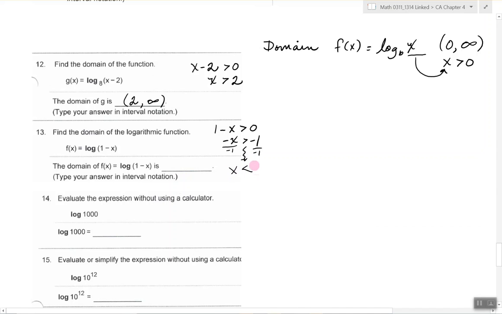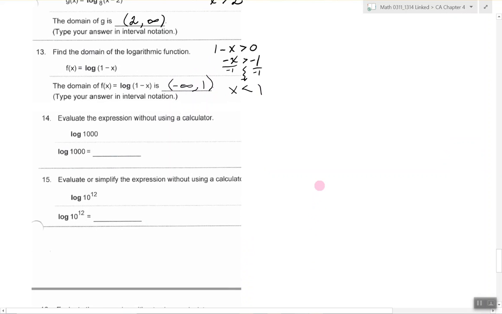So we're getting x is less than negative divided by negative is +1. What is that in interval notation? If it's less than 1, then it is from -infinity to 1. An open interval though, because it does not touch that. That is where the vertical asymptote will be.